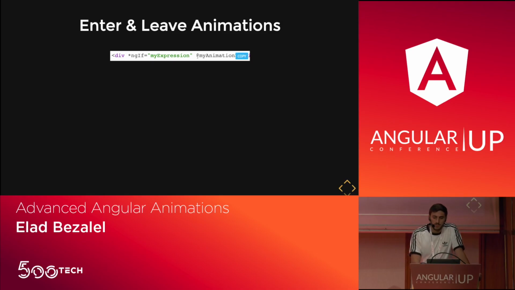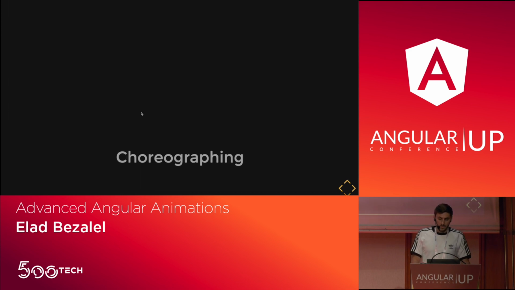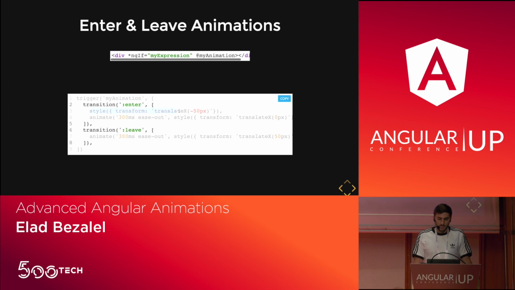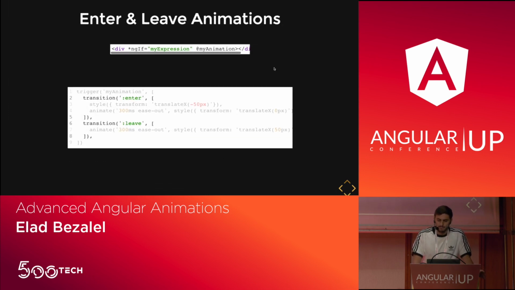So I can just put my animation here, and then this is a cool syntax on top of this void stuff that you've seen that says, when there's a transition for entering, do some styling and do some transitions. So this is really nice. Let's see. Okay. In the end, I will show how everything is being joined together.